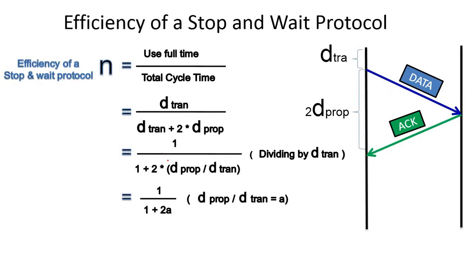Before today, we discussed the efficiency of the stop and wait protocol. If you refer to our lecture number 4, at that time we discussed the delay in packet switching. If you have not yet watched our earlier videos, like services of transport layer, you can click on the I button at the top right corner and watch the video of services of transport layer.